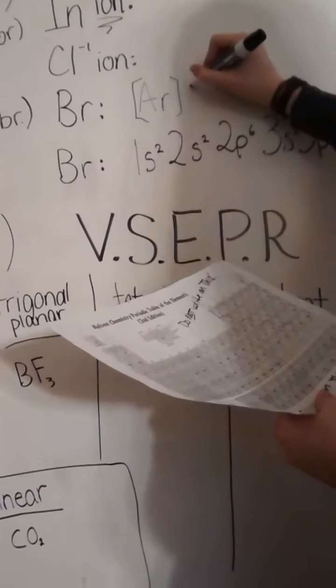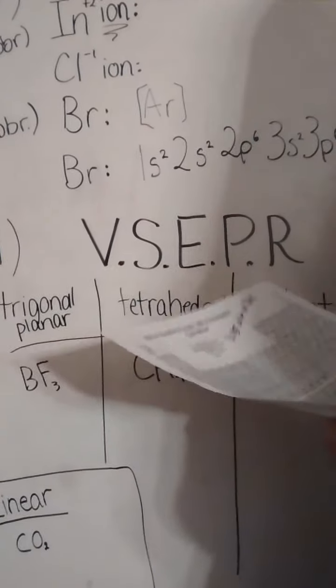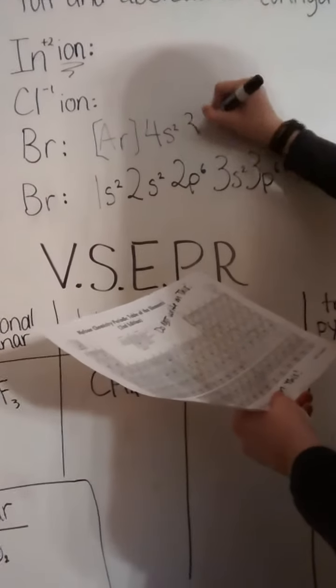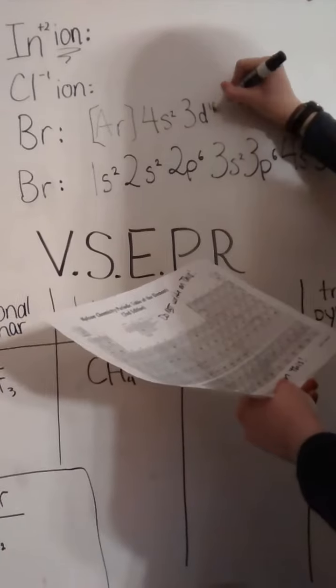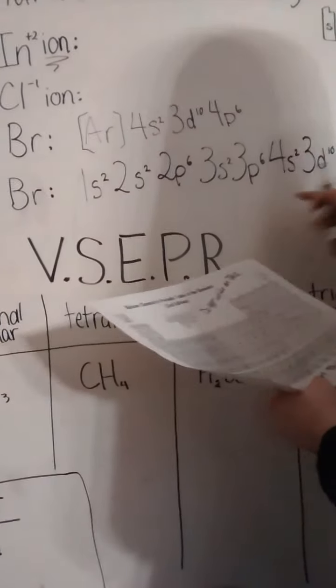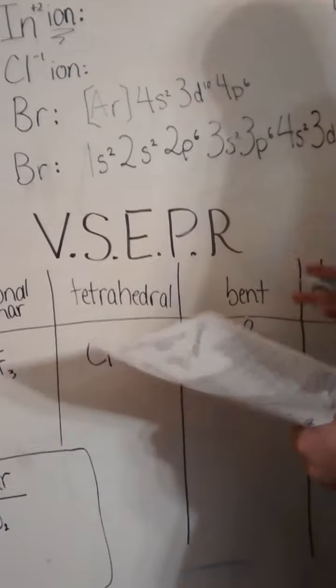So you add beyond argon. What's going to get me there? That'll be 4s2, 3d10, 4p5. So it's just repeating this last part, putting it up here. So you still get the same element, it's just shorter.